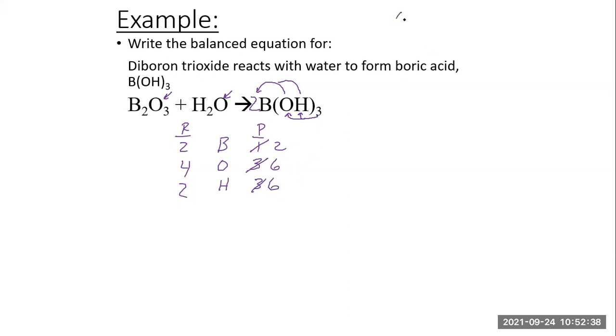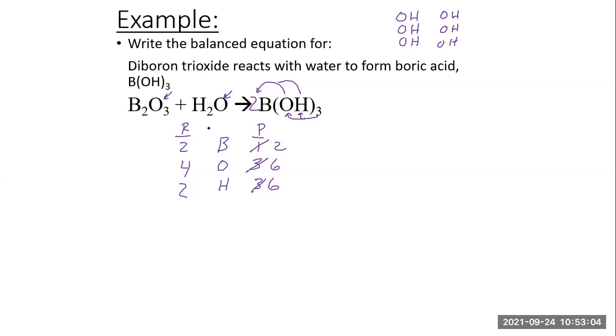The reason for that is, if I draw it out, the 3 OHs, there is 1, 2, 3 oxygens, 1, 2, 3 hydrogens, but there's 2 sets of those. So that is where our 1, 2, 3, 4, 5, 6 comes from. So again, you have to distribute in and then distribute out to the coefficient.